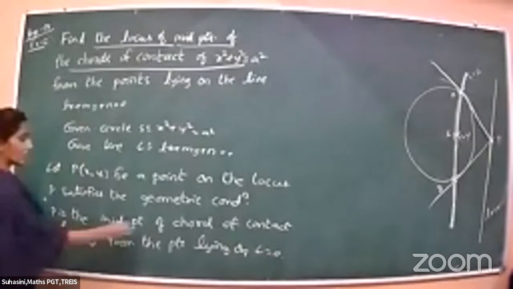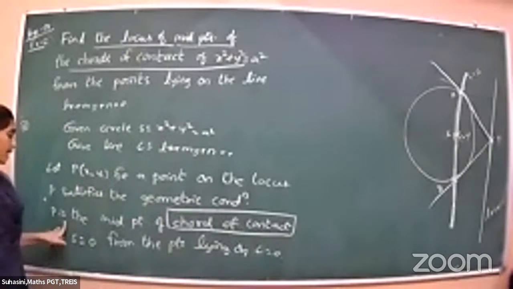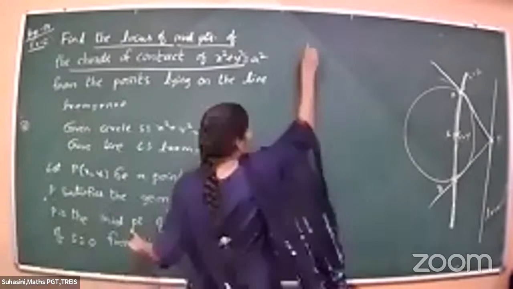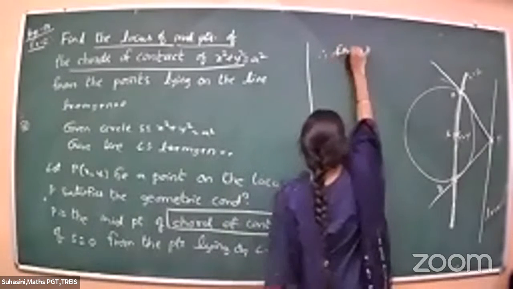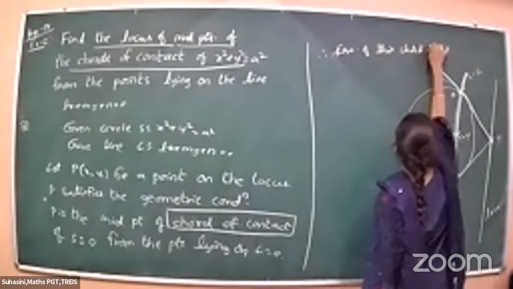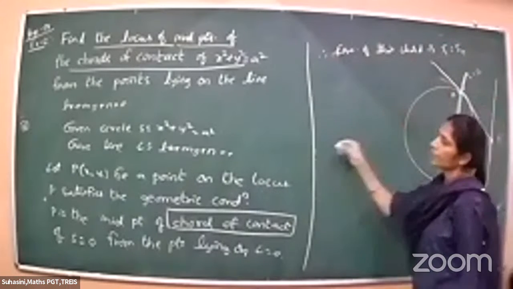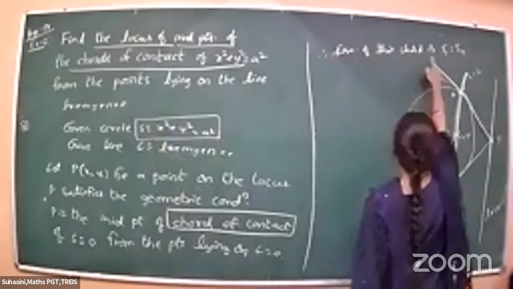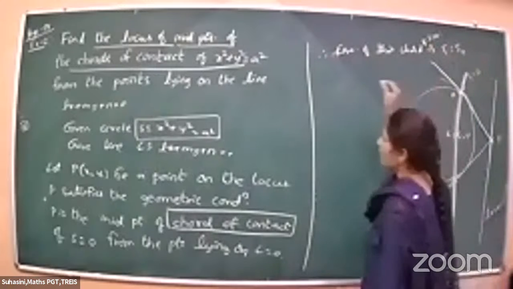Then we need to find out the curve of contact. How can we find the curve of contact when the midpoint is given? Just now we have seen this statement. Therefore, the equation of this curve of contact is S1 is equal to S double 1. Now write what is S double 1. The equation of this curve of S is equal to 0 is S1 equal to S double 1.